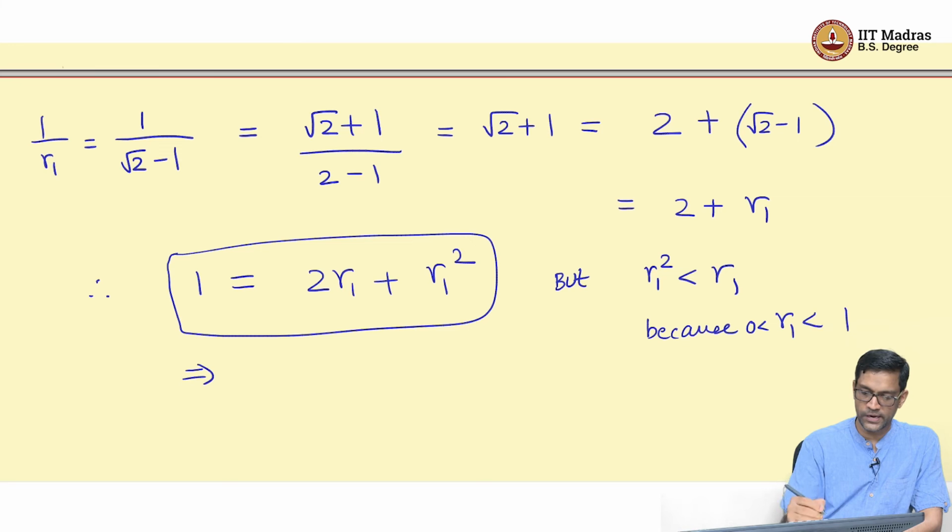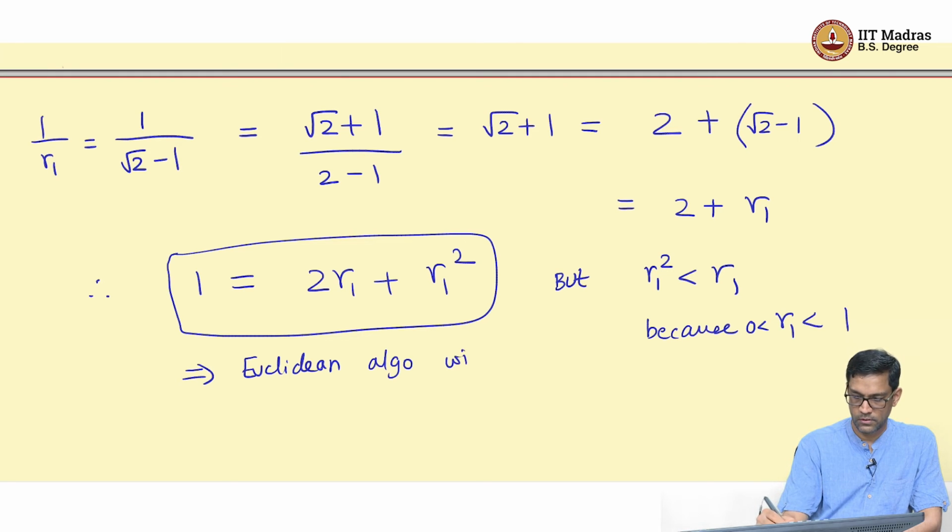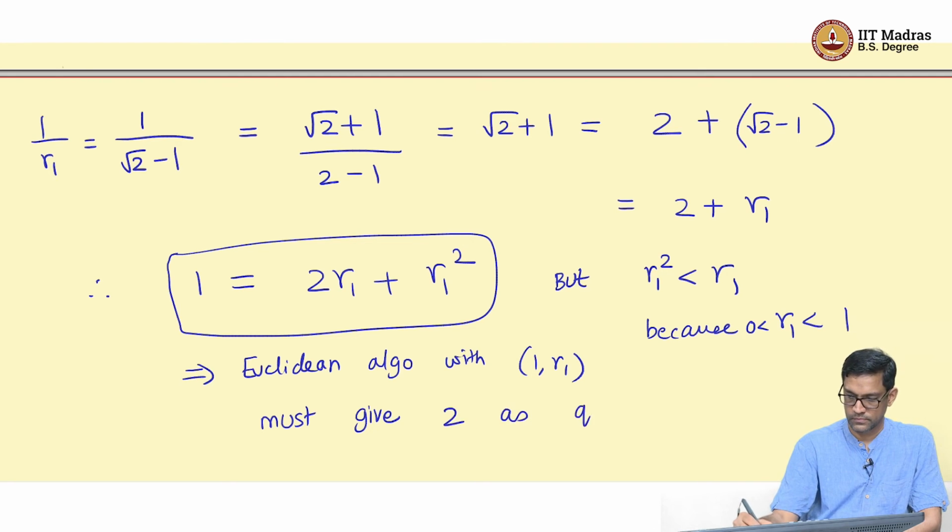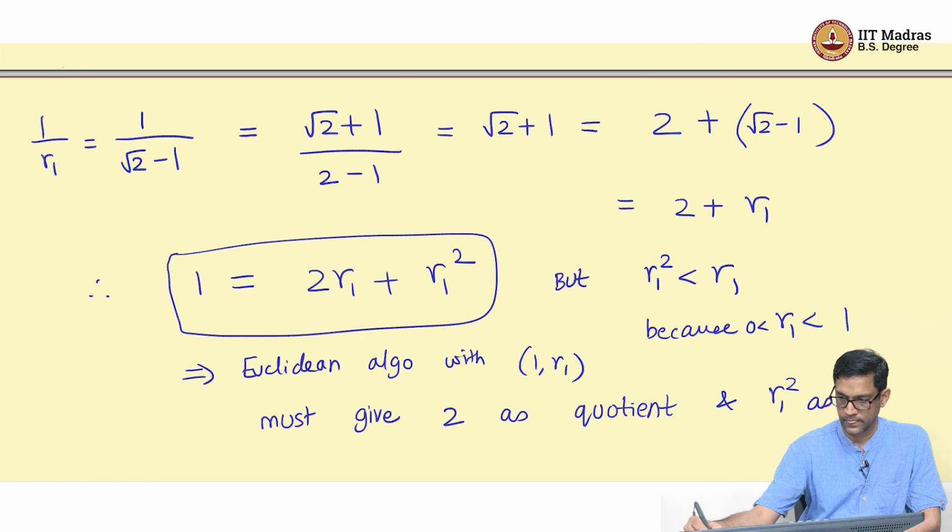So I have noticed that this equation holds, 1 equals 2 R1 plus R1 squared, and so this means that when I do the division algorithm with 1 and R1, it must give exactly this equation. It must give 2 as the quotient. And in fact, what is the remainder? R1 squared as remainder.